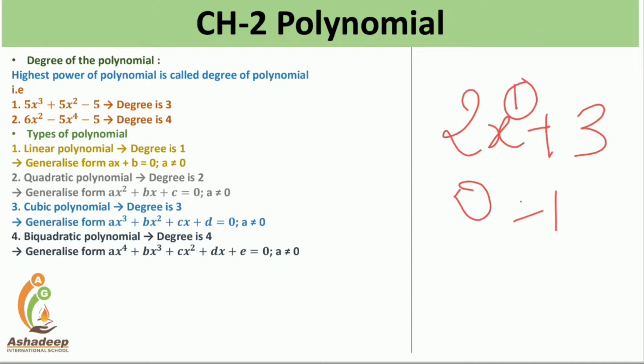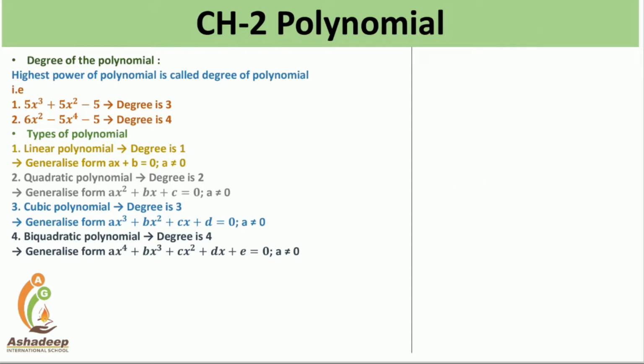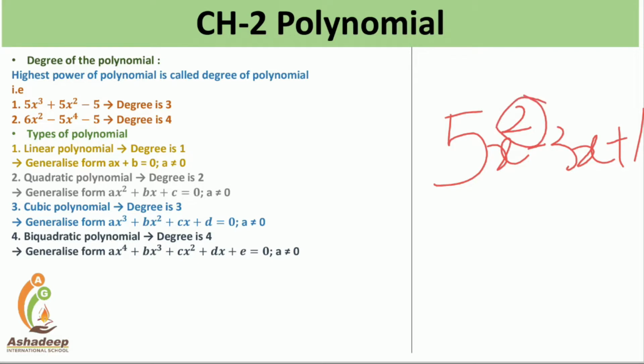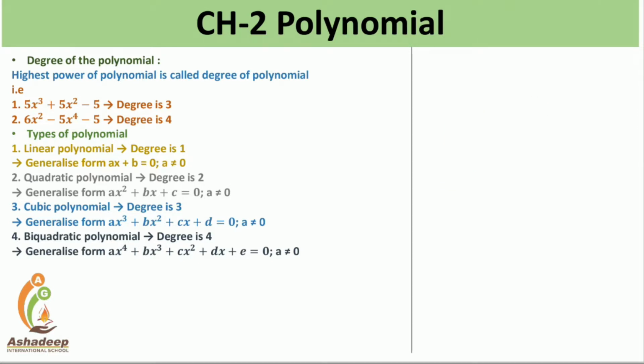Therefore that is called the linear polynomial. If the degree is 2, then it is called the quadratic polynomial. If I write 5x square minus 3x plus 1, the highest power is 2, so that is called the quadratic polynomial.